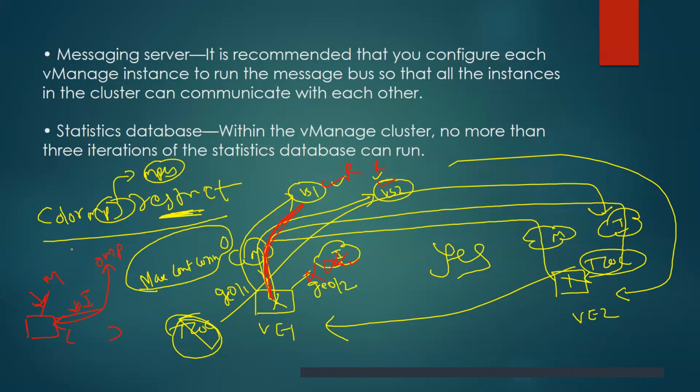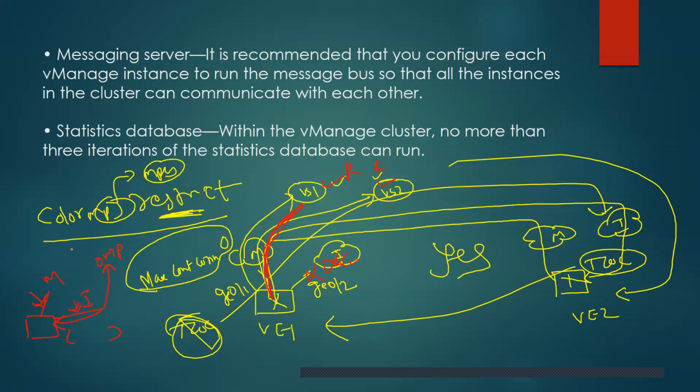Either it is practically not reaching there because of the private line and public line, and your vSmart is hosted in a public cloud, or you are setting max control connection 0. In that scenario also, MPLS will all the time try to form the IPsec connection with internet, unless you go and put the restrict keyword.